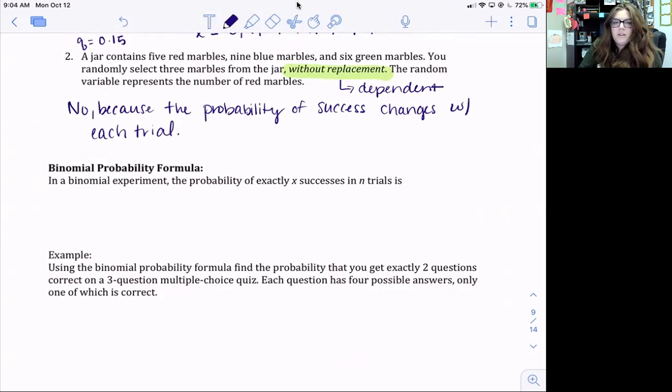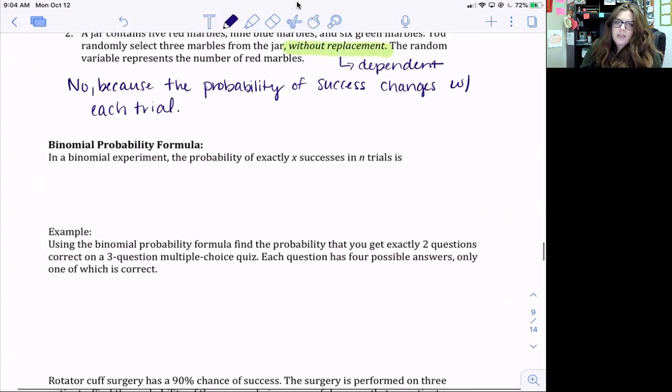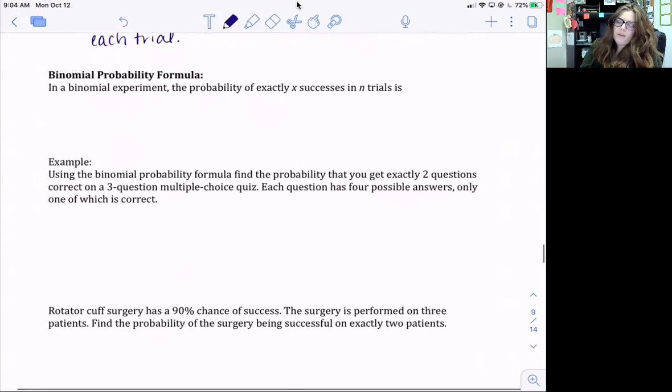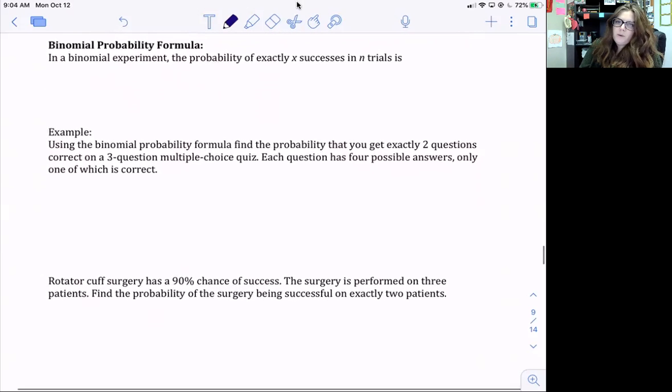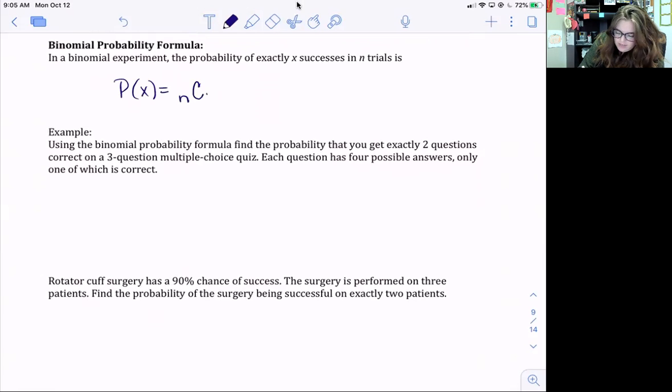All right, so now we are going to look at how to find the probability of a binomial. In a binomial experiment, the probability of exactly x successes in n trials is P of x equals nCx, the combination of x from n, times p to the x power, times q to the n minus x power.